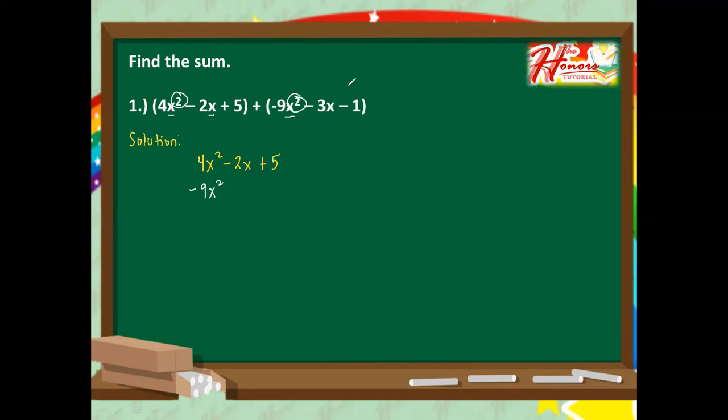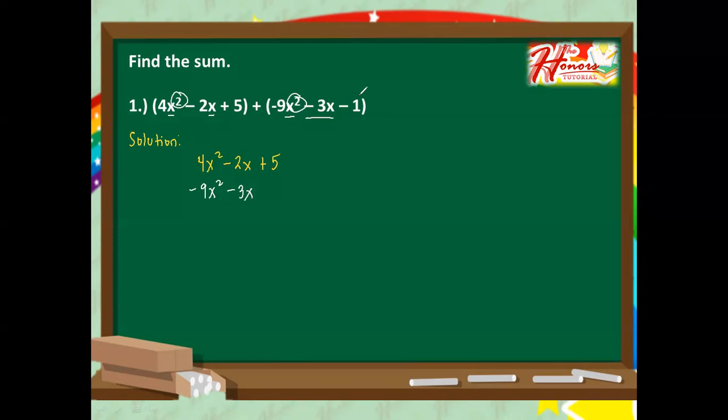And then we will be having negative 3x. We have to write it below negative 2x. It is because their variables are the same, and also their exponent. Their exponent is 1, but it is not written in there because when the exponent is 1, it is invisible.